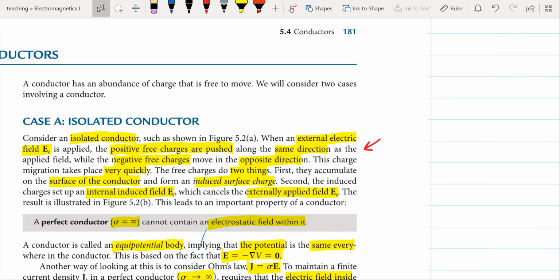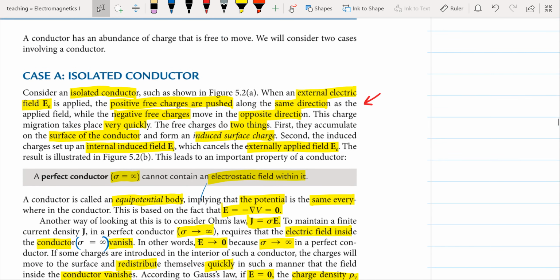We observe that this charge migration is very quick, and this free movement of free charges achieves two things. One is that they accumulate on the surface, as we have observed, and form induced surface charge.